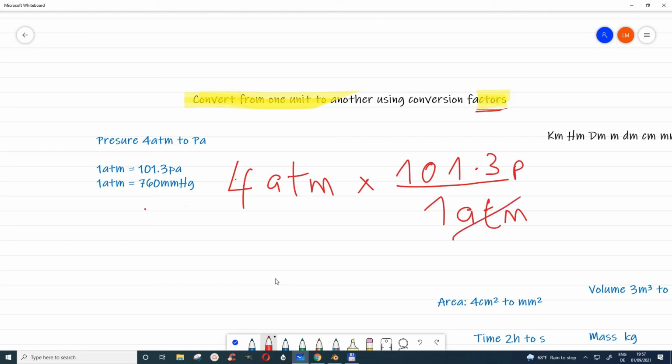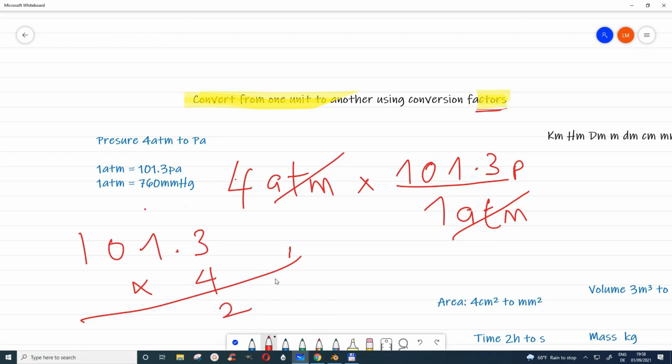Now the atmosphere will take care of this, and then we are left to multiply. I can also do it here if it's easier for you guys to see. 0.3 times 4, wait one moment, 4 times 3 is 12. We have a remainder of 1, 4, 4, 5. So we still have our decimal point. We shouldn't forget 0, 4. So that is what you get, and don't forget it's Pascal.